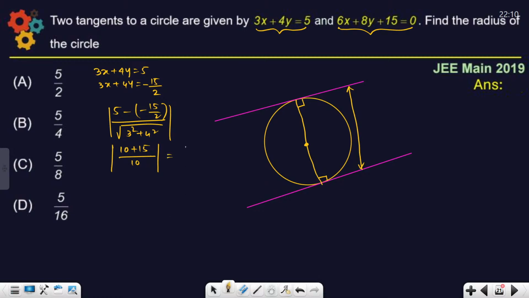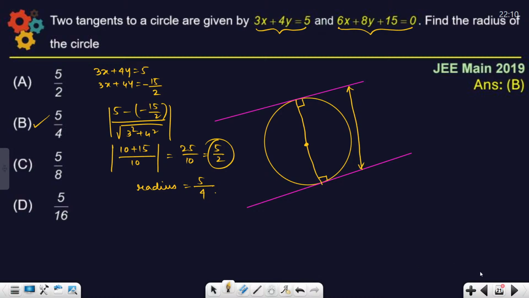So it is coming to 25 over 10, which is 5 over 2. This is the diameter of this circle. So what will be its radius? Its radius is half of that. So the answer is option B. The radius of this circle will be 5 over 4. Is it clear to all? Okay.